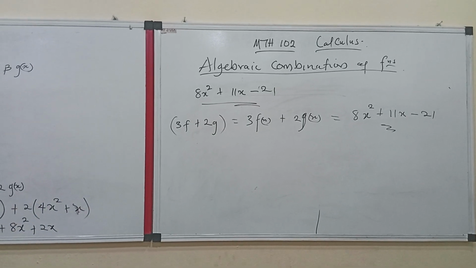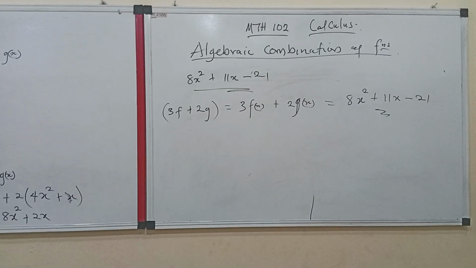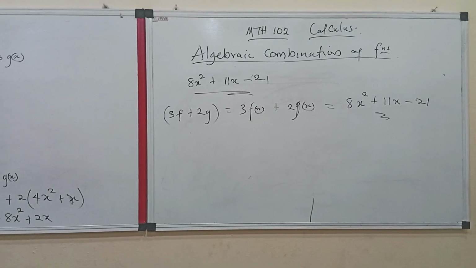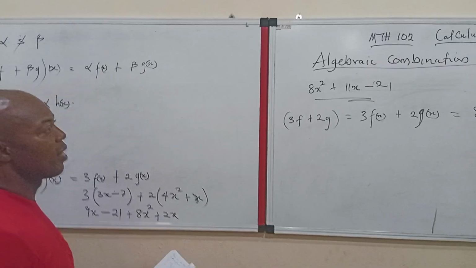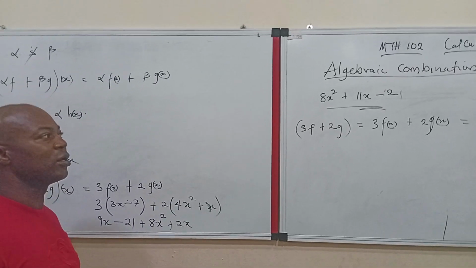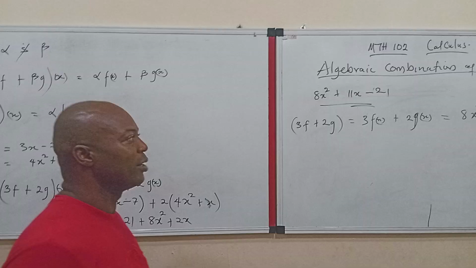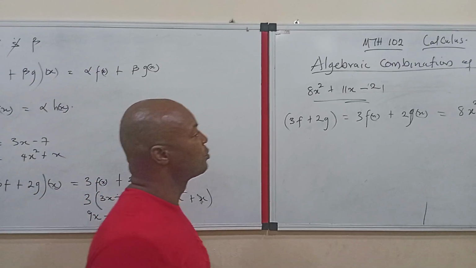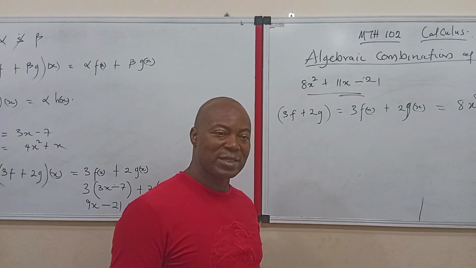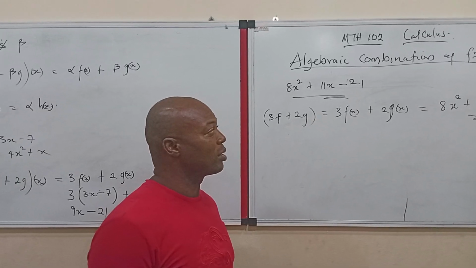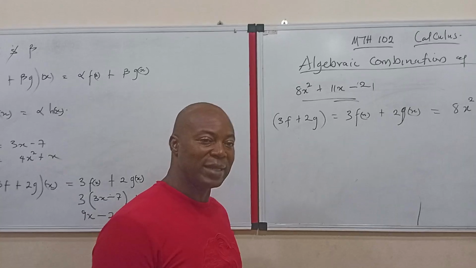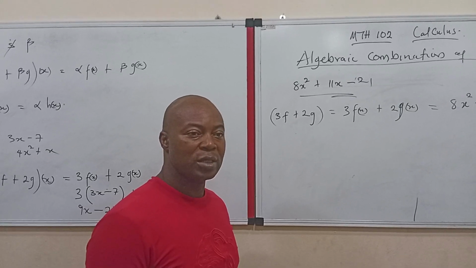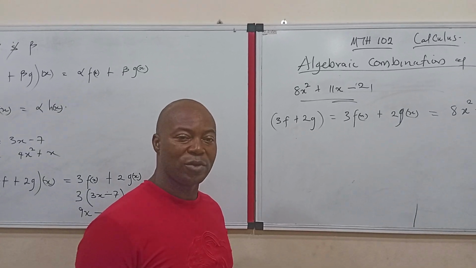Now, for the sake of this class, I want to halt here. At least with what we have done in algebraic combination, I know that we are good to go. In this class, we have learned the addition of functions, where we saw that life was reasonable.